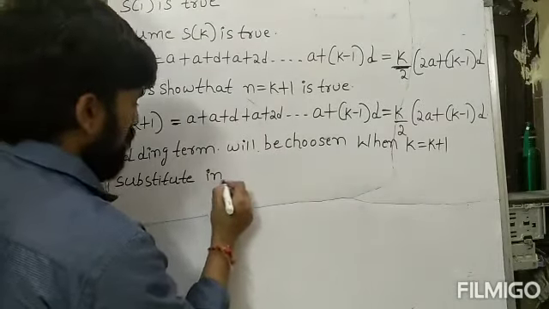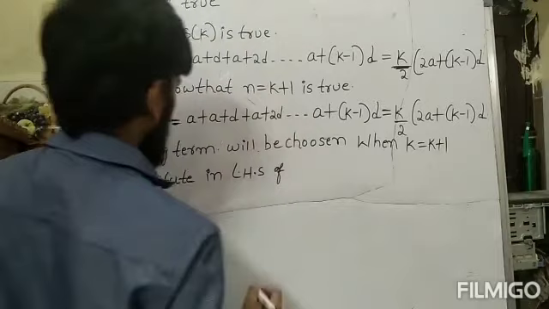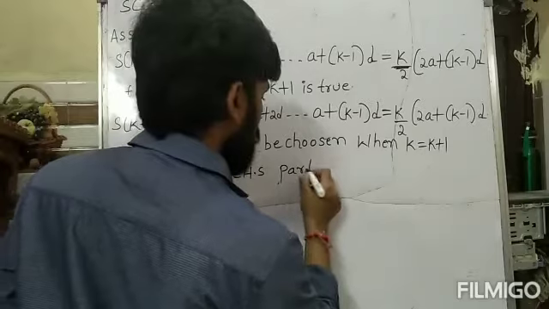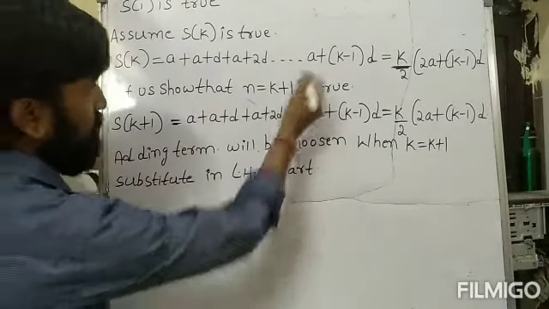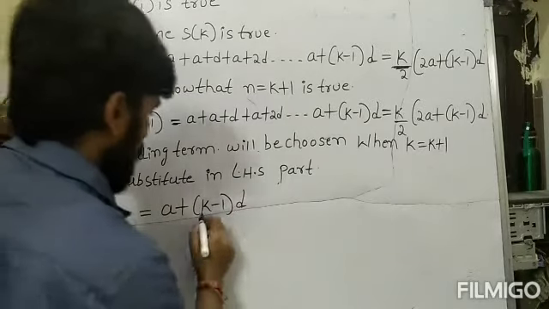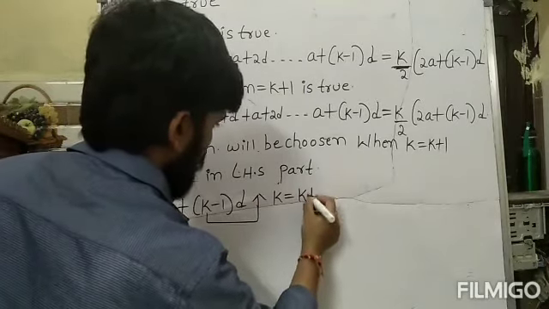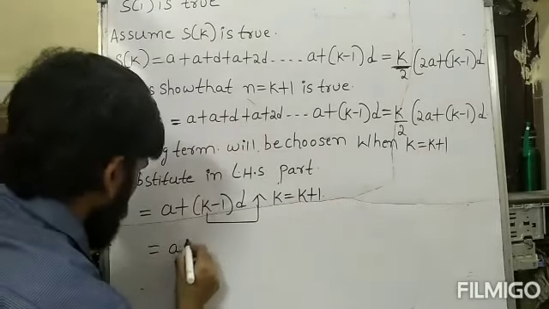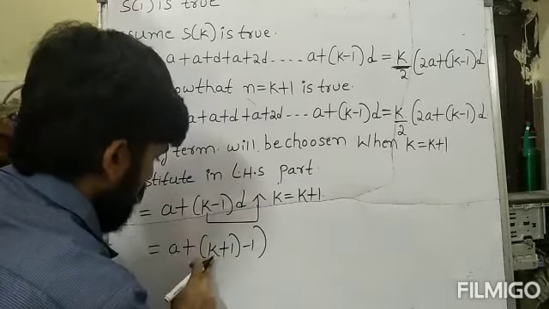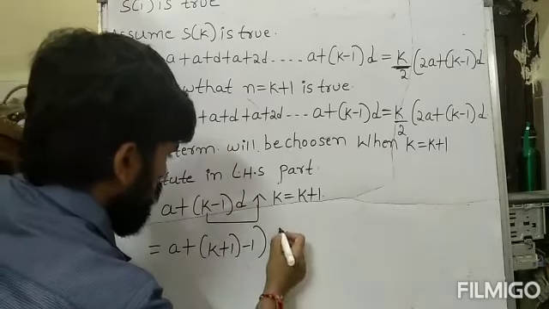Substituted in the LHS part. What is the LHS part? A plus k minus 1 into d. In the place of k we have to substitute k plus 1. That is a plus k plus 1 minus 1, into d.